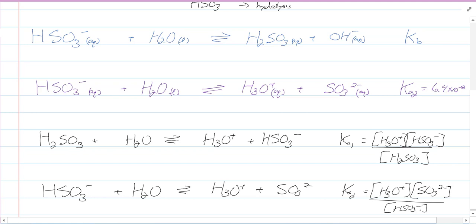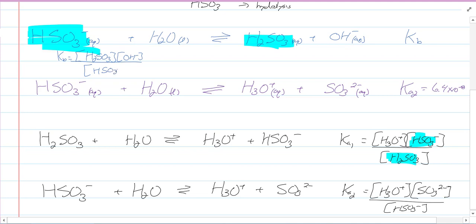So which species do we need? I need to have HSO3 minus and H2SO3, and it's this one. Because the Kb expression here would be equal to H2SO3 OH minus all over HSO3 minus.